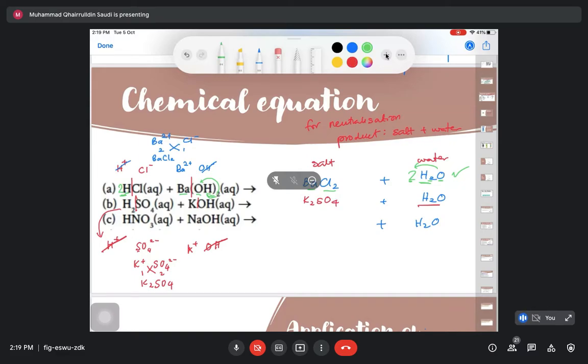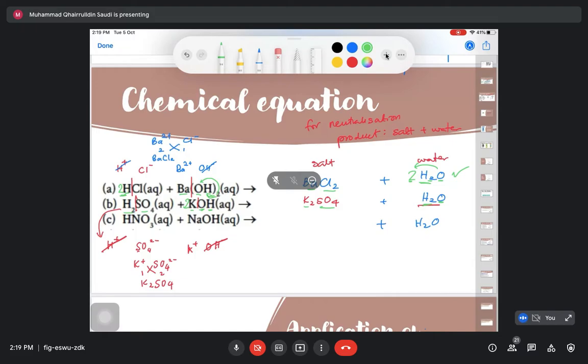We have 2 hydrogen, 1 hydrogen, so 3 hydrogen. Here we only have 2 hydrogen. It's not enough. We have 1 hydrogen, 1 oxygen, 1 oxygen as well. We have 1 sulfate, 2 potassium. So we just add 2 here in front of KOH.